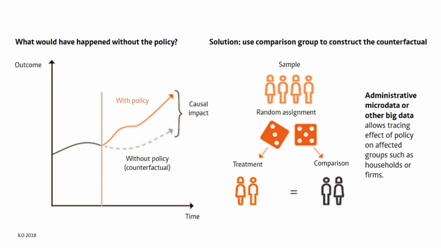If we couple these experimental settings with rich administrative microdata or some other big data, we can trace the effect of policies on the different affected groups, be it firms or households, over time and learn something about the causal mechanism at play. All that was not possible in the age of small aggregated data based on sectors or country level information.